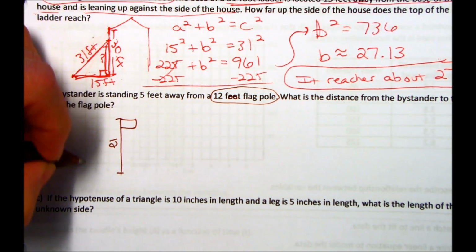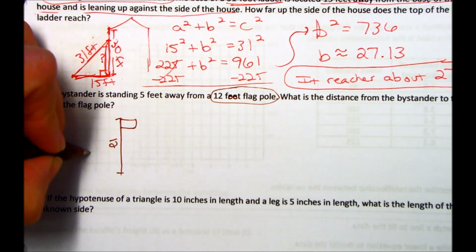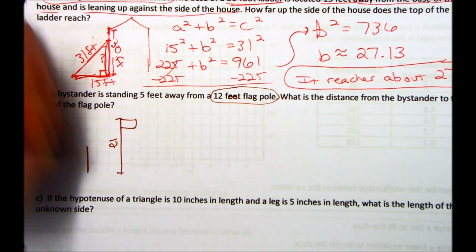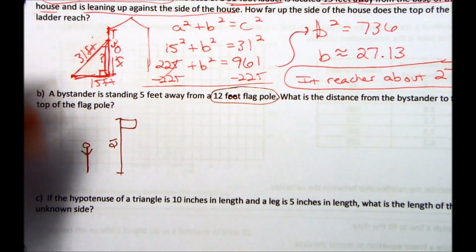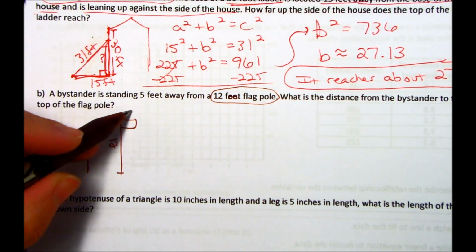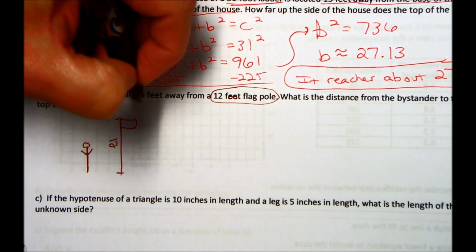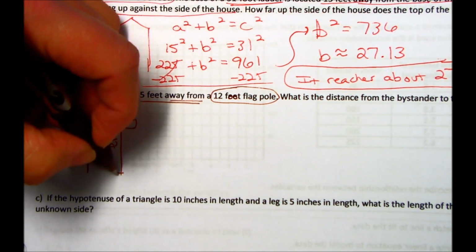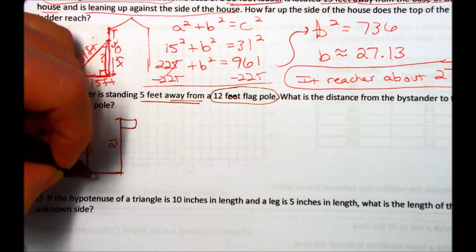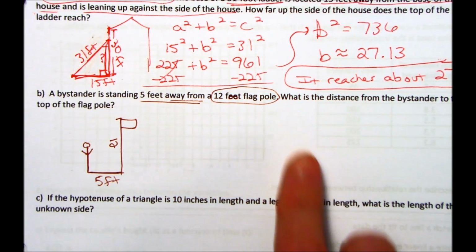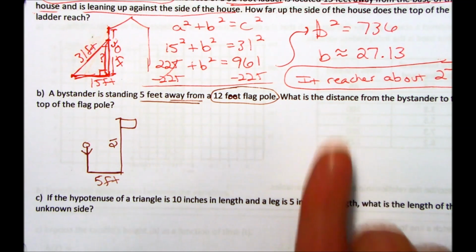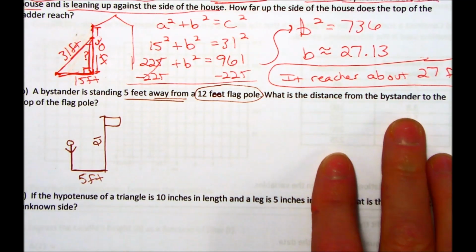And then you've got this bystander. Here's this person, and they are standing 5 feet away from the flagpole. So this here is 5 feet. What they want to know is the distance from the bystander to the top of the flagpole.